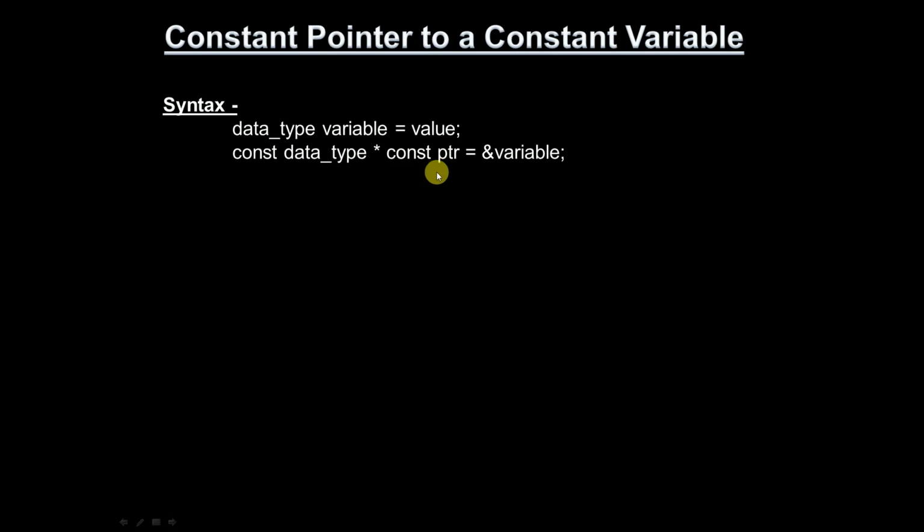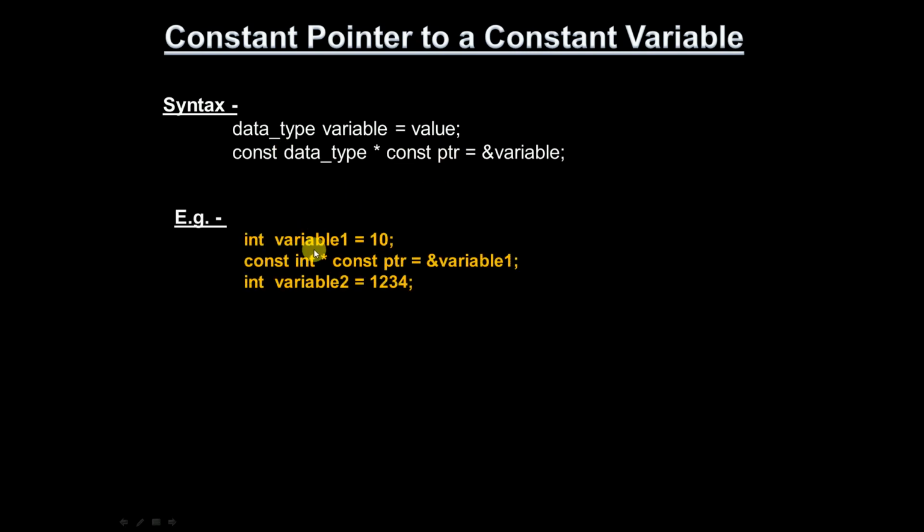Now we'll take one example. Same example, int variable1 = 10, const int * const ptr = &variable1, int variable2 = 1234. So variable1 is at memory location 1000, and the value present here is 10.